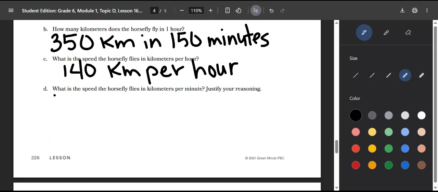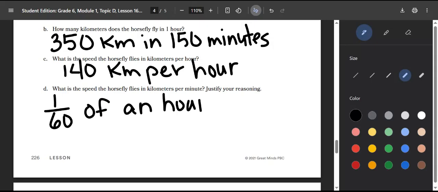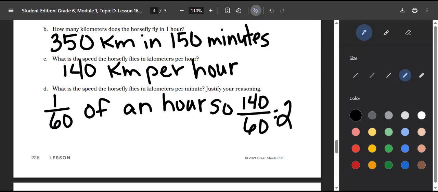So it's 1/60th of an hour. So we're going to do 140 divided by 60, which when you do the math, you can see it's 2 wholes and 1 out of 3 left over. So it's 2 1/3.